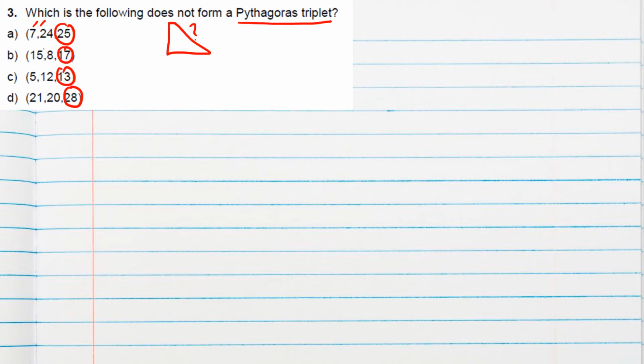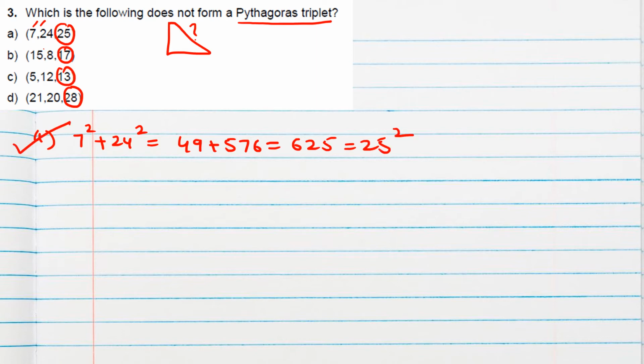So you can check here. 7 square plus 24 square for the first option will be 49 plus 576, that is 625, that is 25 square. So they make a Pythagorean triplet. We will check 15 square plus 8 square, 225 plus 64, that will give 289, which is 17 square.